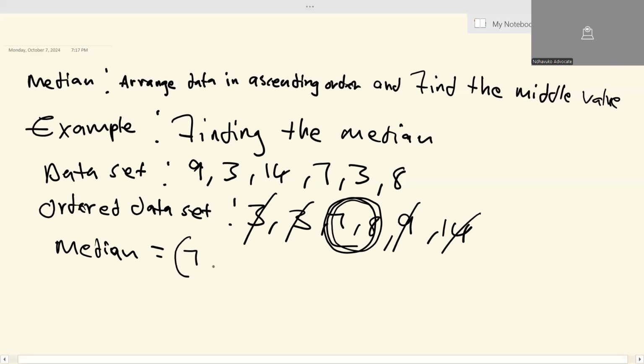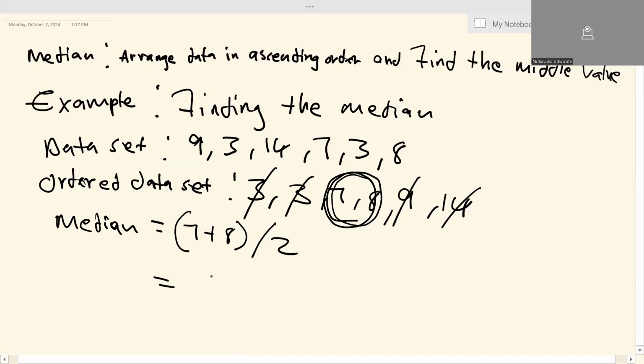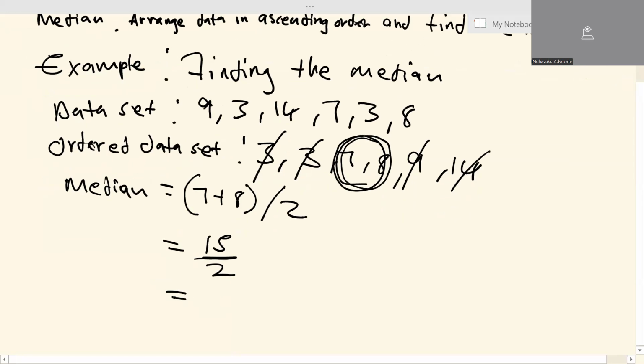You add them, 7 plus 8, then you divide by 2. So 7 plus 8 is equal to 15, and 15 divided by 2 is 7.5. So your median is 7.5.